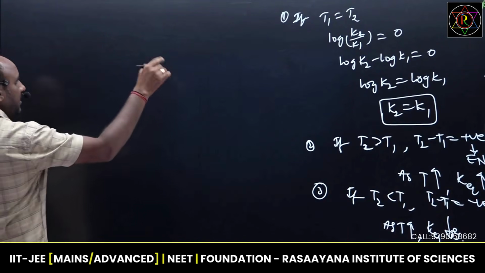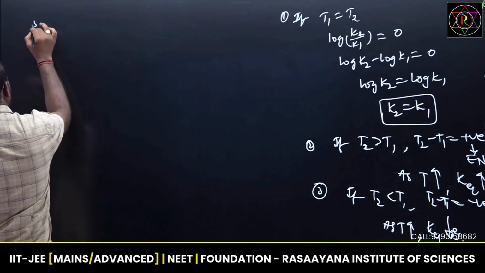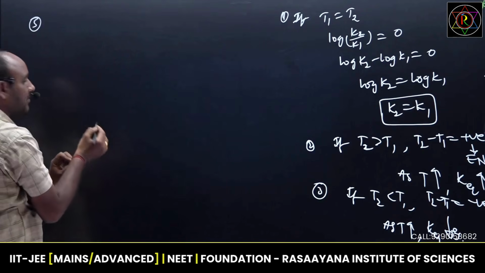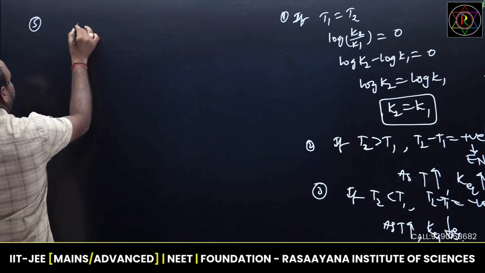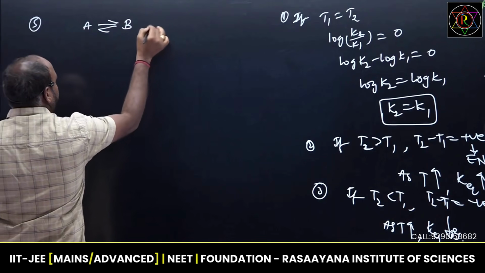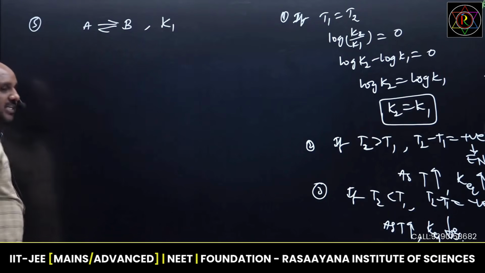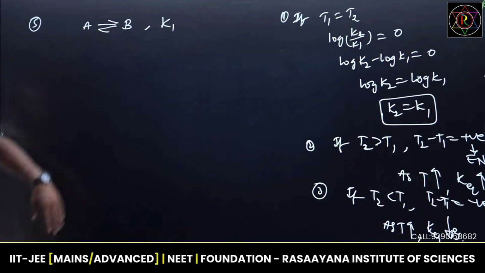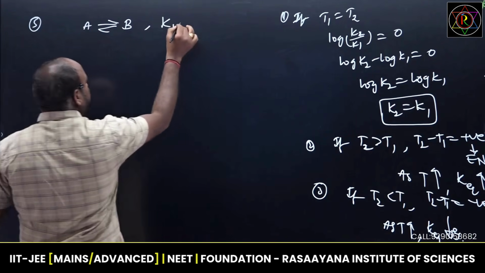Okay, then the next application. If A is in equilibrium with B, the equilibrium constant is K1. How do we write this K1?